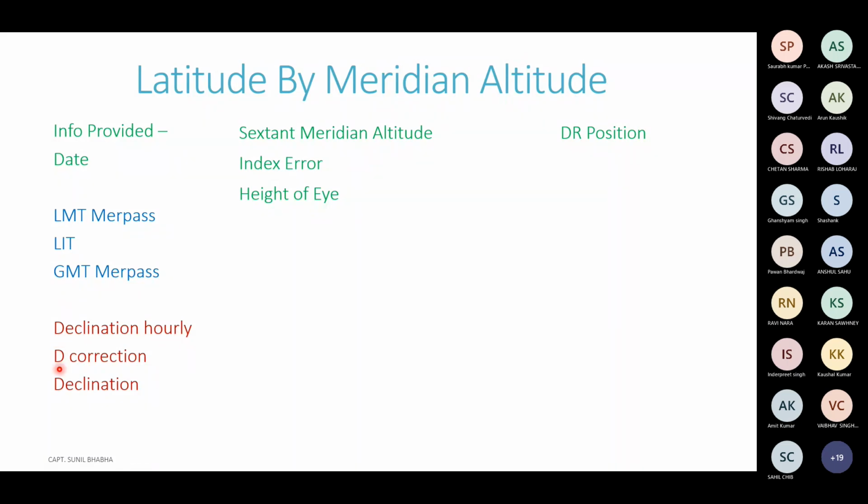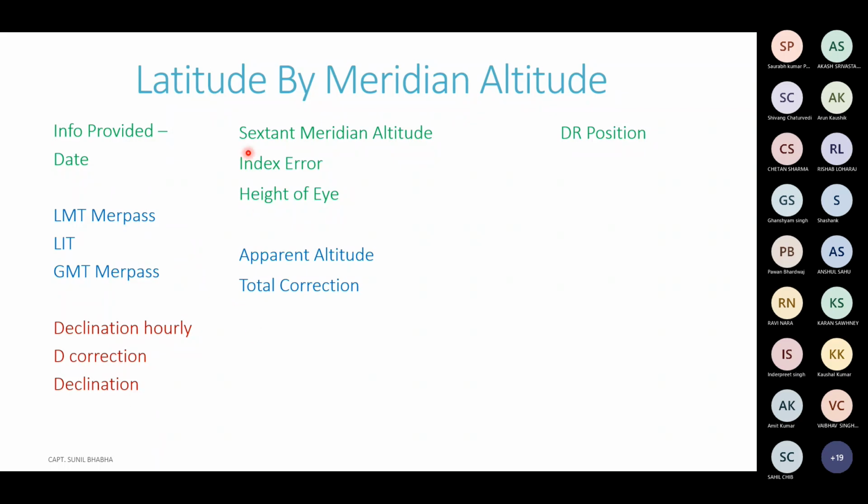Along with it, we also pick up the d correction value. And we check this d correction value increment from the increment table. And once we apply the increment, we are able to get the accurate declination of the body. So this is the first step. We obtain the declination of the body.